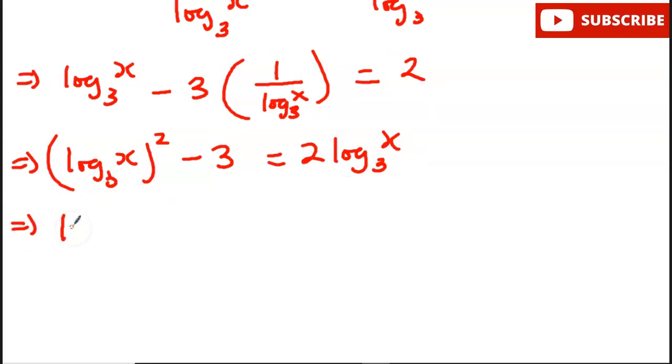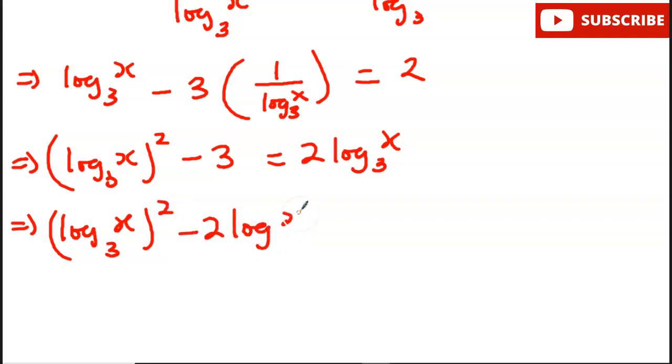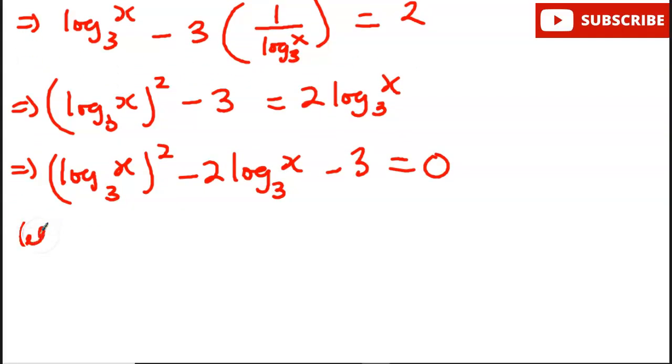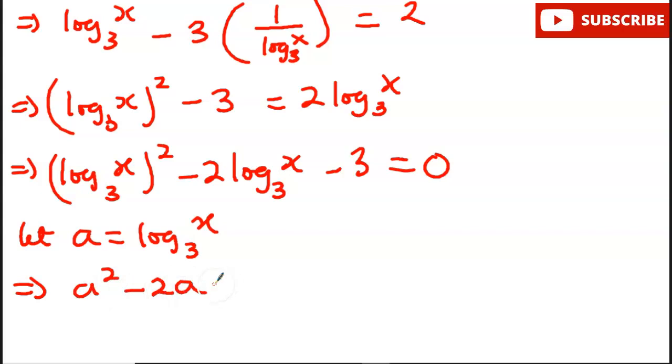So we have log x to the base 3 all squared minus 2 log x to the base 3 minus 3 is equal to 0. So let a be equal to log x to the base 3. So we are going to have a squared minus 2a minus 3 is equal to 0.